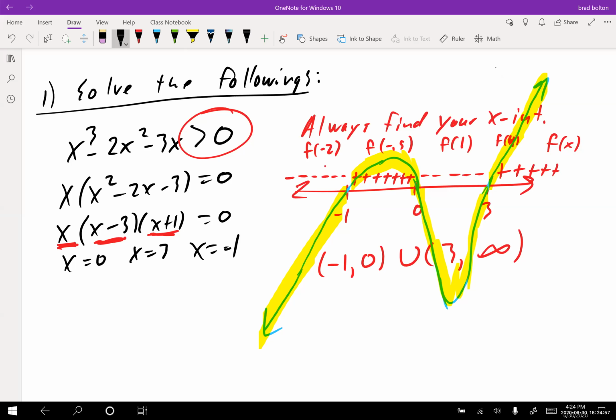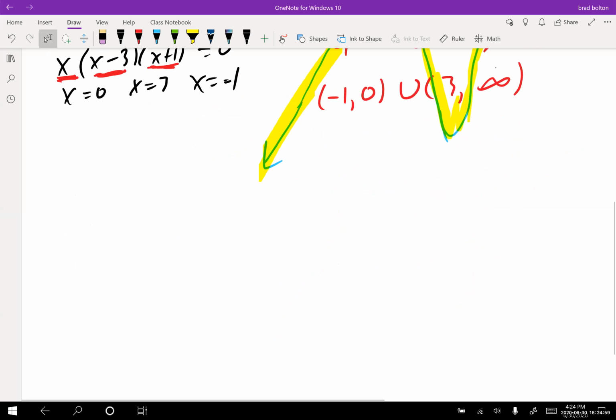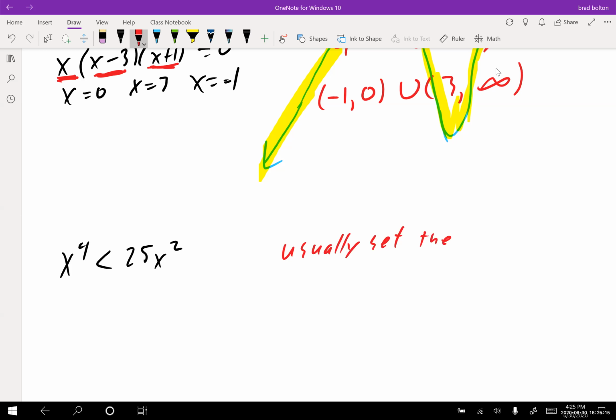Okay. So now let's look at another problem. Let's look at x to the fourth less than 25x squared. So in general, you guys, what I'd like you to do is usually set the right hand side to 0.